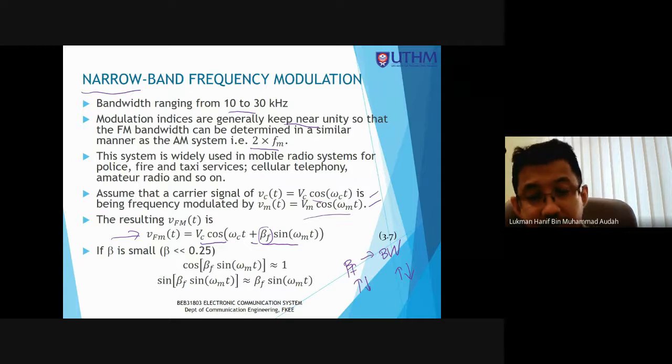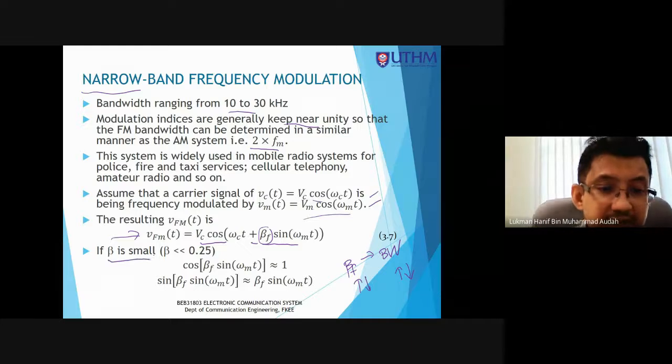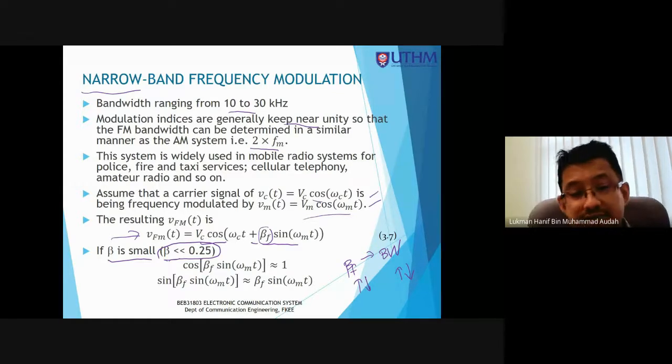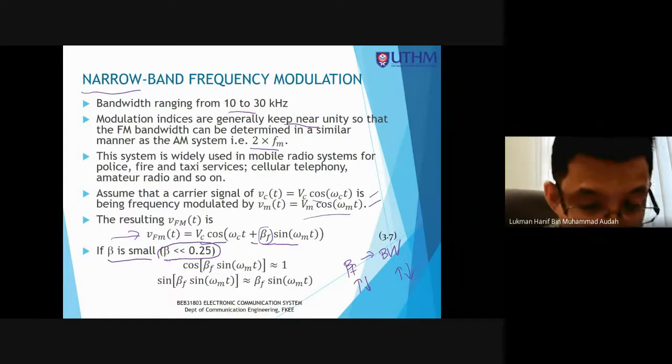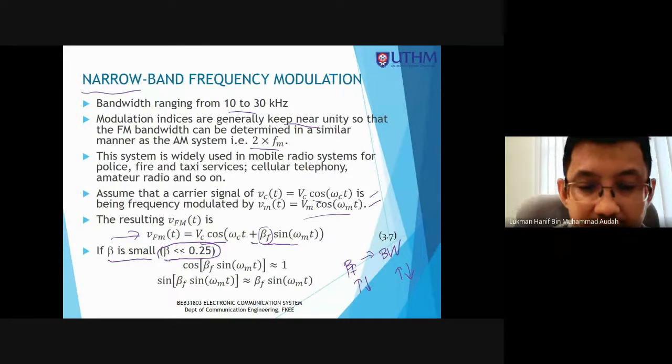Nanti kita akan lihat juga. So in this case, beta is small, usually less than 0.25. So dikatakan di sini bahawa nilai beta adalah kurang daripada 0.25 kerana dia sangat kecil dalam narrowband FM. Therefore, dikatakan di sini bahawa ada dua approximation yang dia buat.